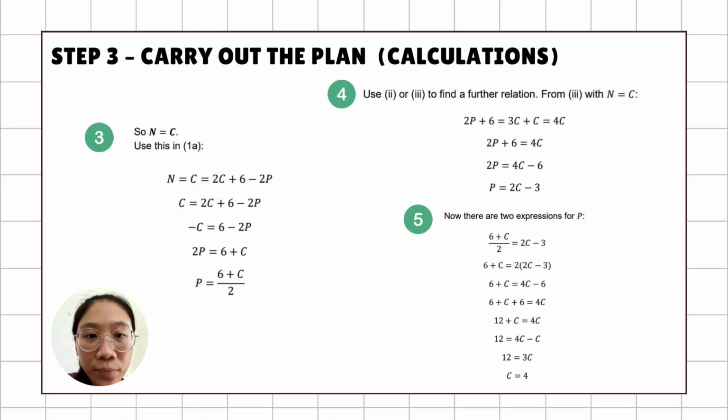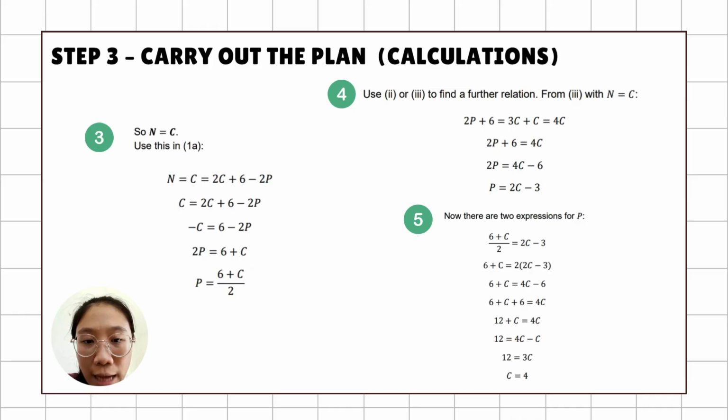So from 3, with n equals c, we know that 2p plus 6 equals 3c plus c equals 4c. So 2p plus 6 is equal to 4c, and 2p equals 4c minus 6, and lastly we get that p equals 2c minus 3.